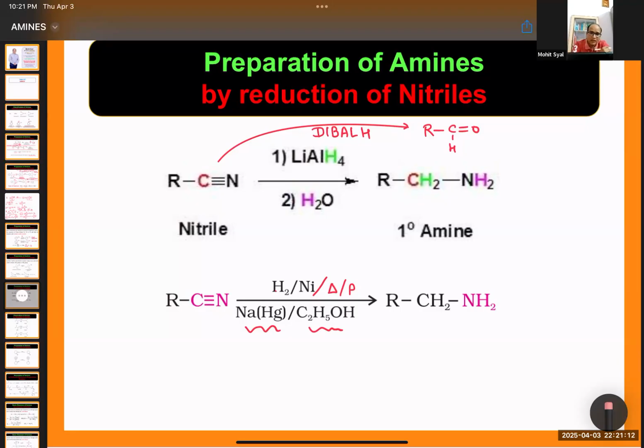Partial reduction can also be carried out with the Stephen reduction, using SnCl2/HCl. And if you do the complete reduction using H2/Ni, using Na/EtOH or using LiAlH4, you are going to get a primary amine. Okay, so I hope this is clear to everyone. Got it? But very important, as far as conversions are concerned, the CN group can give you a primary amine upon reduction. So let's do some questions.